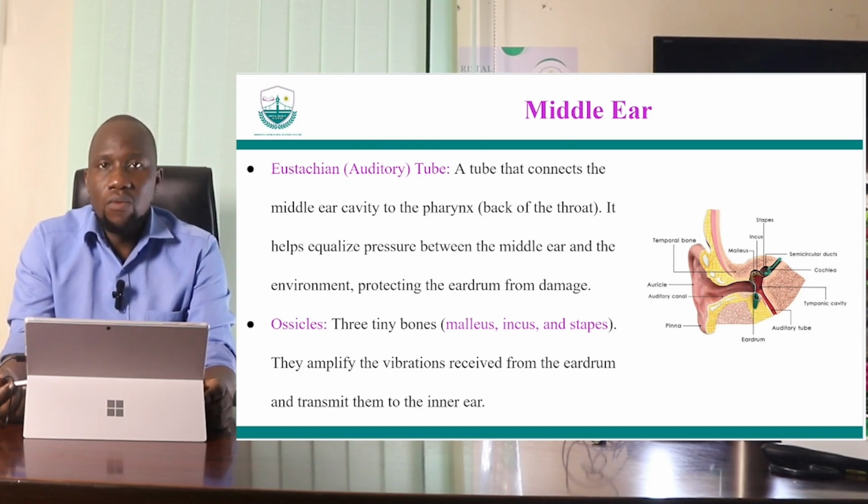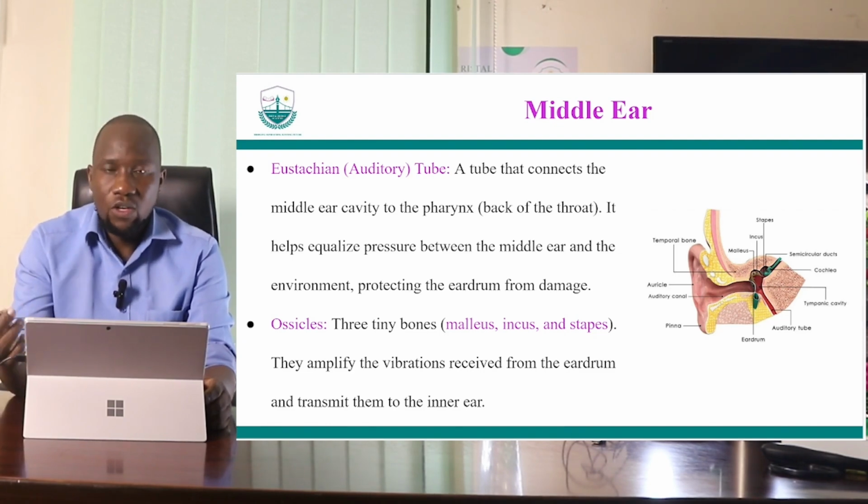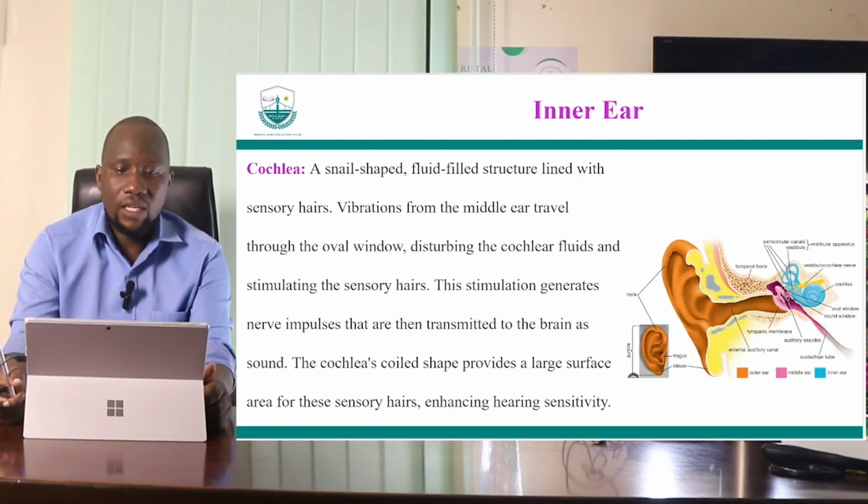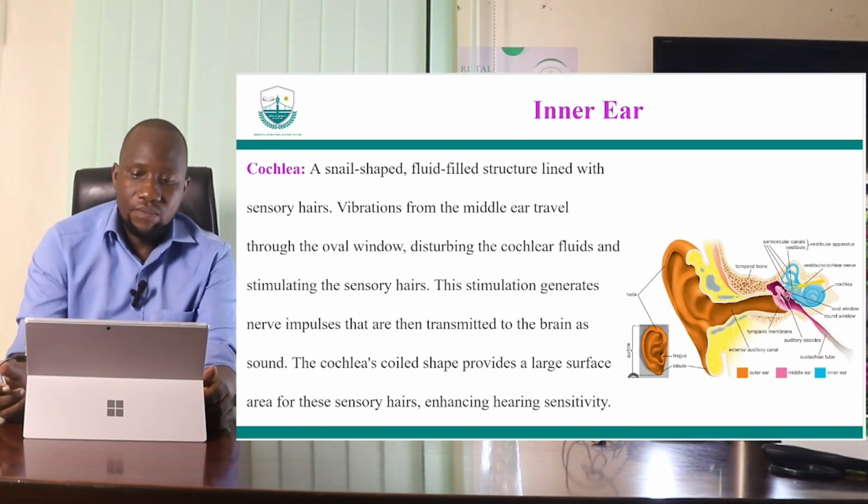These are the three bones found in the middle ear. So these also amplify the vibrations that they receive from the eardrum, and therefore transmit them to the inner ear. Okay, so we can now look at the inner ear.